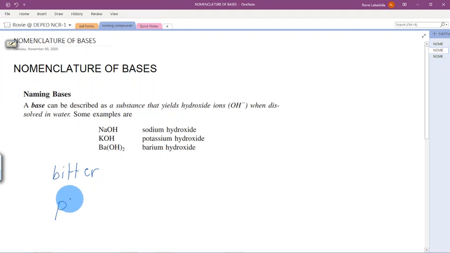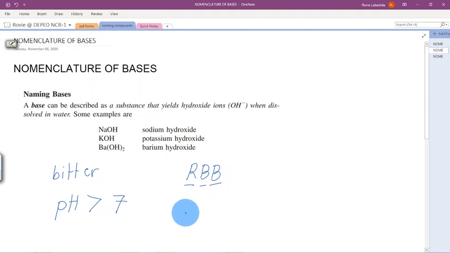Also, the pH of a base is greater than 7. And the acronym for a base is RBB. Okay? So when red litmus paper turns to blue, that means the compound is a base.